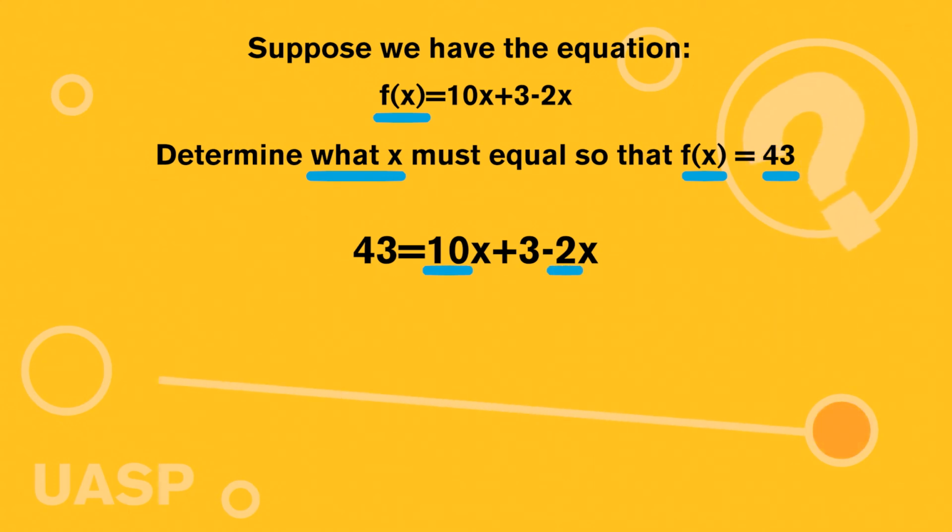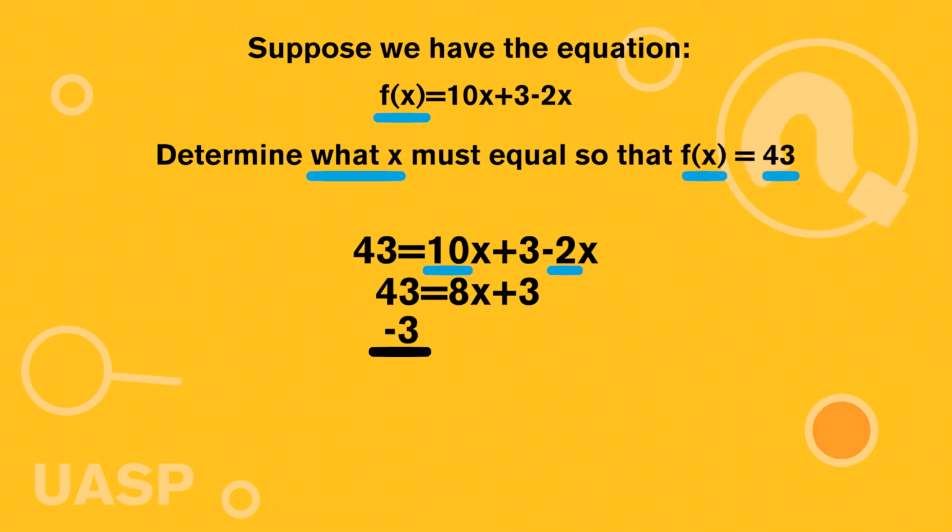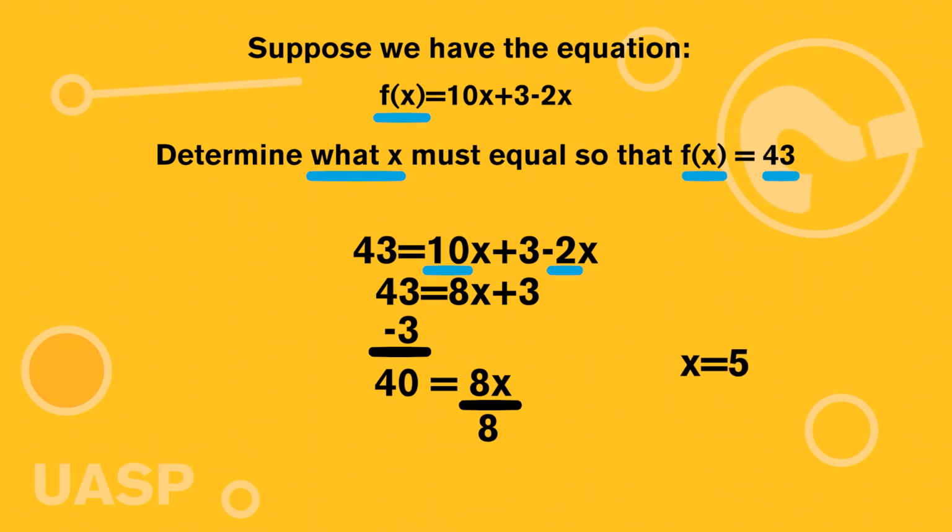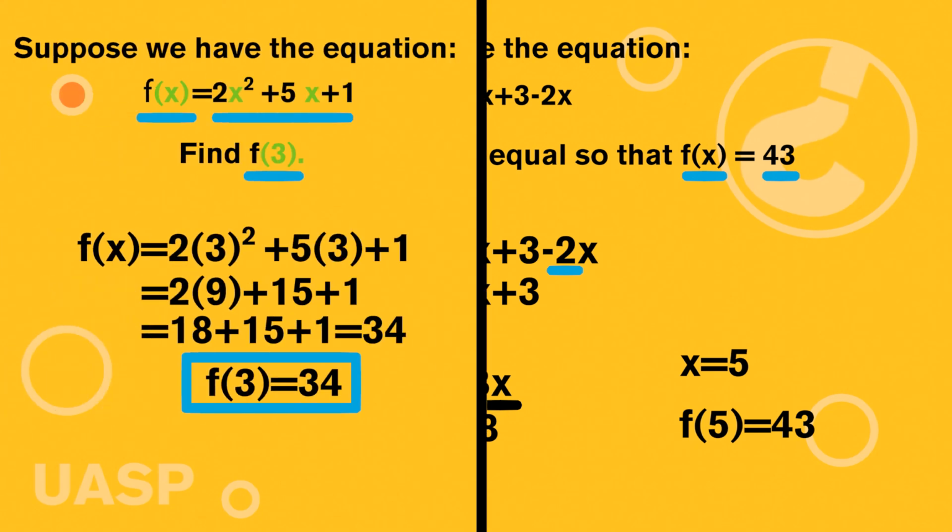So we have 43 equals 8x plus 3. We can subtract the 3 to get 40 equals 8x, and then we can divide by 8. We get x equaling 5. To go the extra mile and reinforce function notation, we can rewrite this as f of 5 equals 43, just like what we have over here.